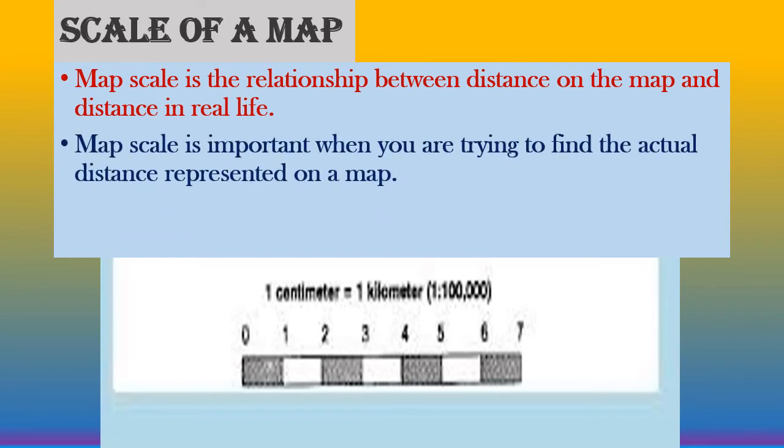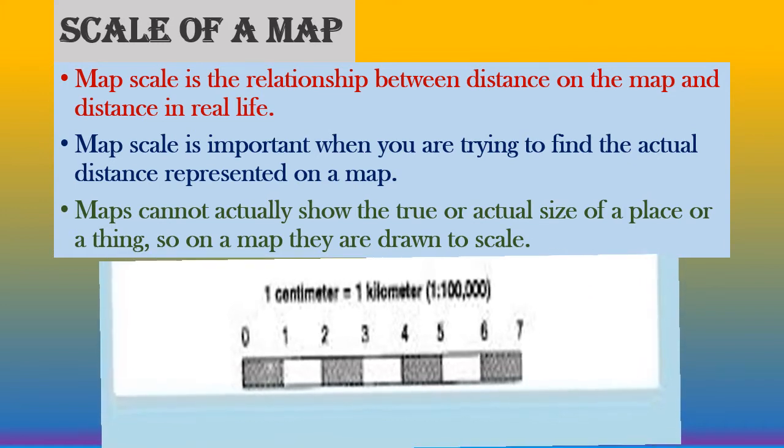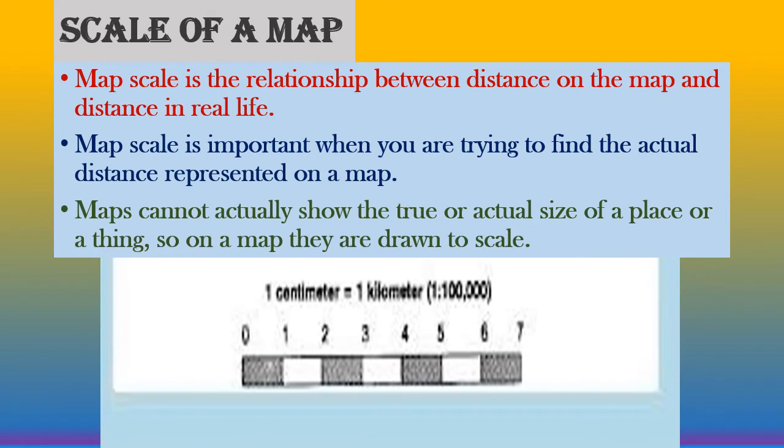Map scale is important when you are trying to find the actual distance represented on a map. Maps cannot actually show the true size of a place because they are just a drawing of a place on a paper. So on a map they are drawn to scale.